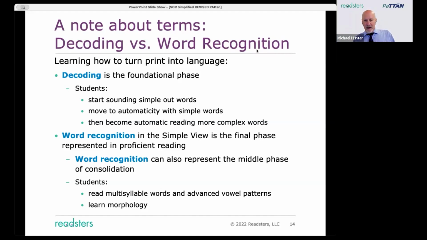So when we think about foundational reading, the key on the word recognition side is going to be teaching decoding, teaching students to become automatic at word recognition.